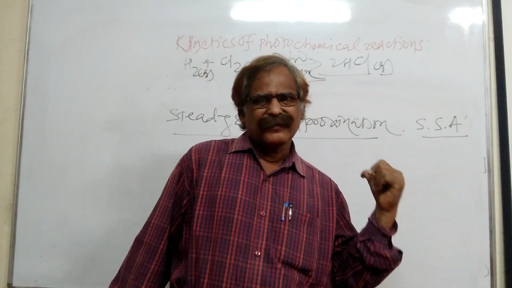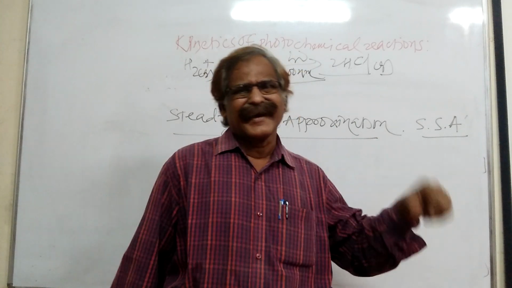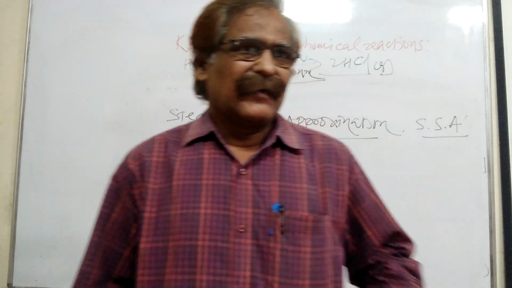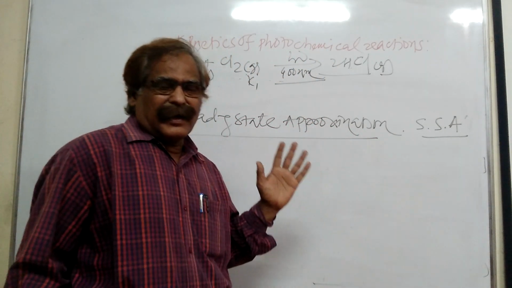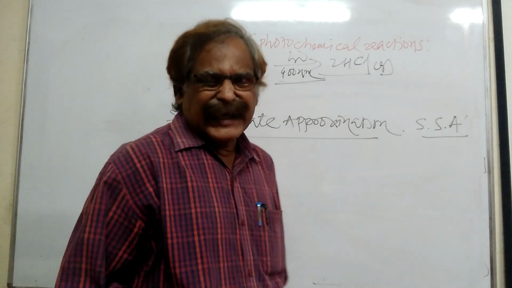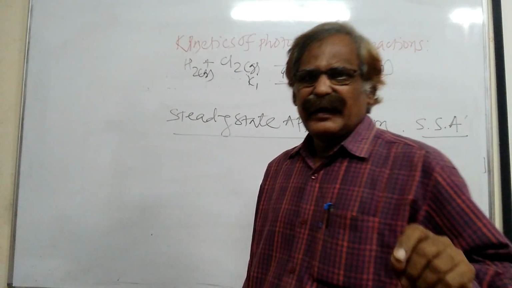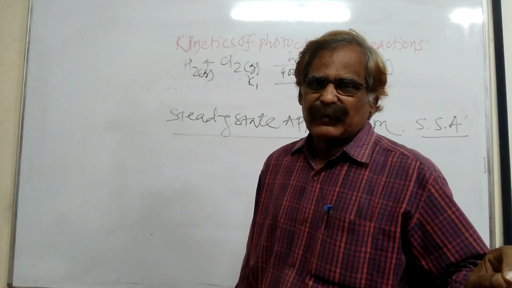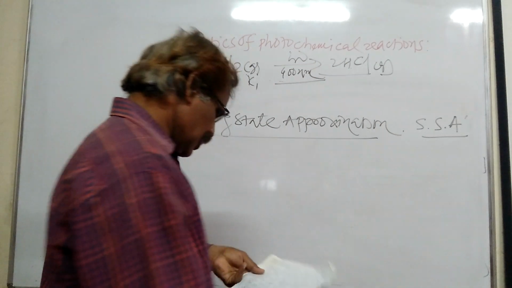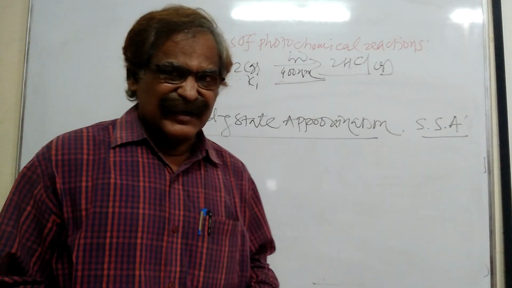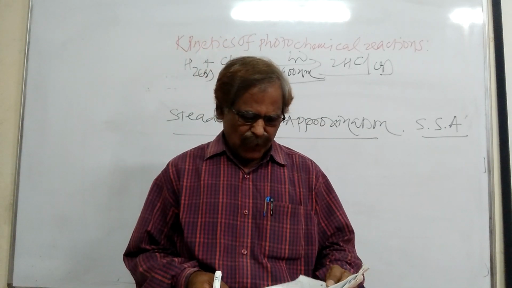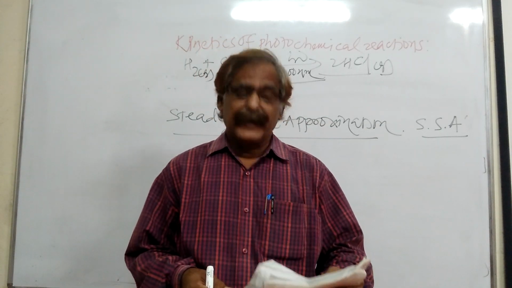In the case of such fast reactions, photochemical reactions are fast, and therefore they do not involve a slowest step, and so this approximation, steady state approximation, is used for determining rate laws of photochemical reactions involving chain reactions.